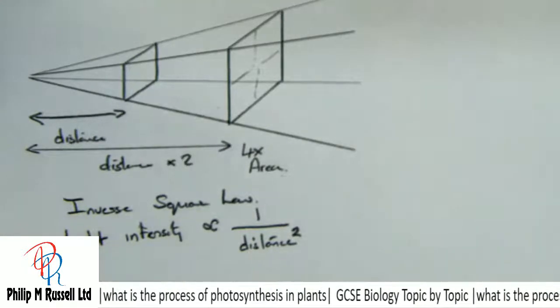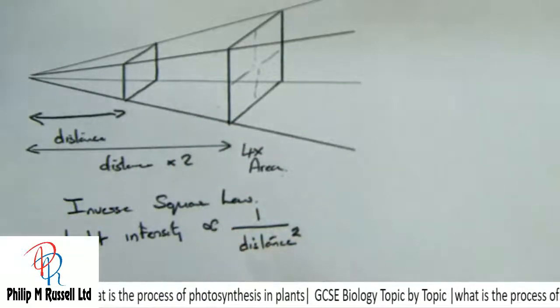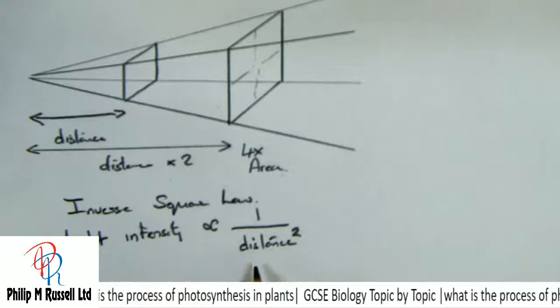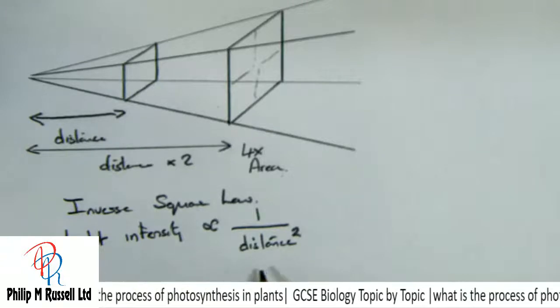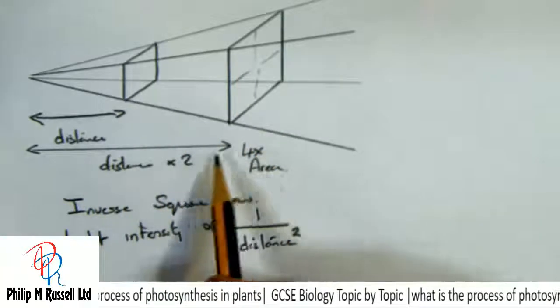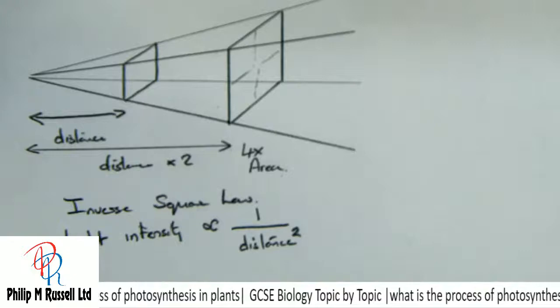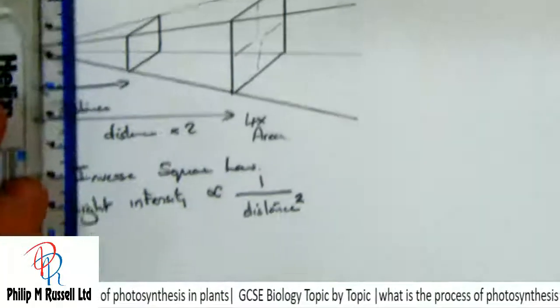Now, what we will see if we do this experiment, and it's not easy doing this with the time available, is that as I move this, the amount of photosynthesis decreases.